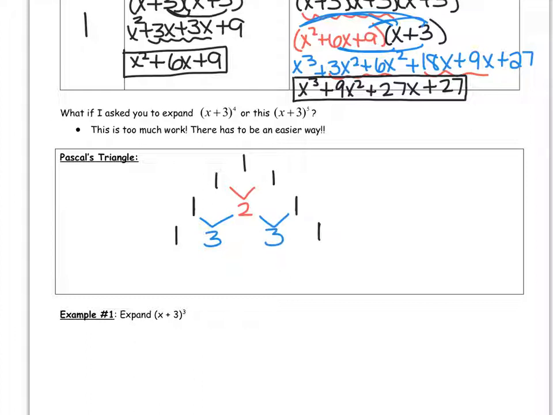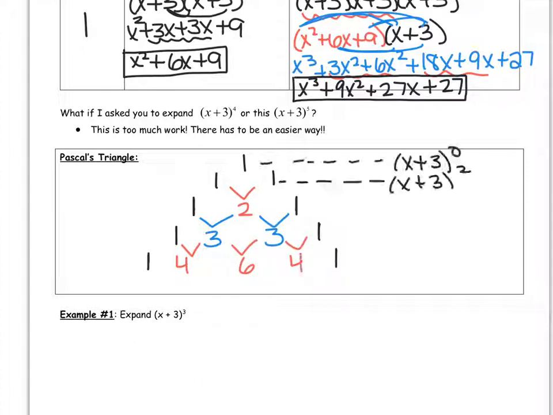Let's see if we could do it one more time. Bring the row of 1's down. And then we're going to add these two to get 4, these two to get 6, and these two to get 4. So what you just did was the coefficients of the expansion. So the first one would be for x plus y to the 0 power.